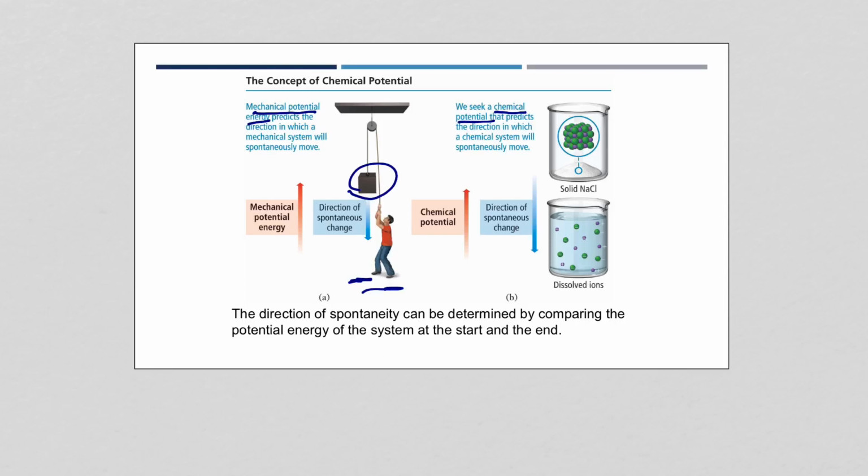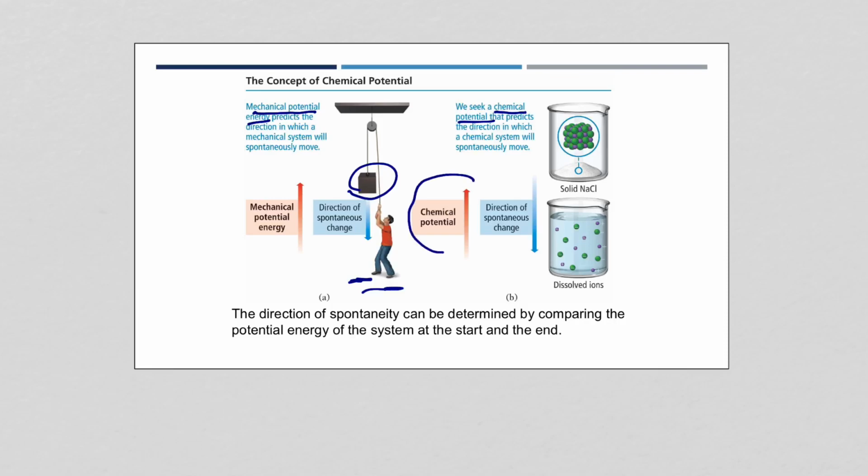So what quantity can we look at to see the spontaneous direction of change? For example, we know that sodium chloride will spontaneously dissolve in water. That is the direction of spontaneous change. It doesn't spontaneously come out of solution, but it will spontaneously dissolve.